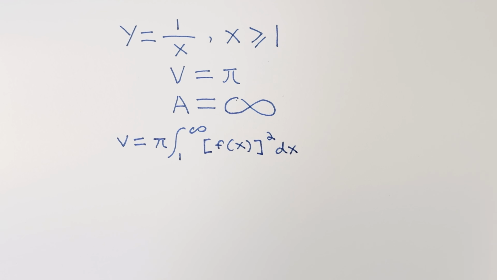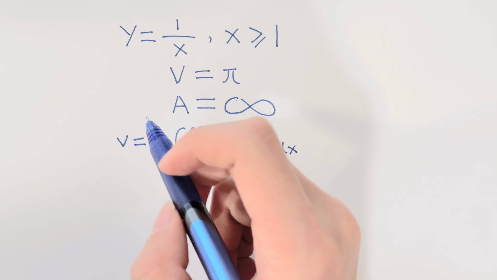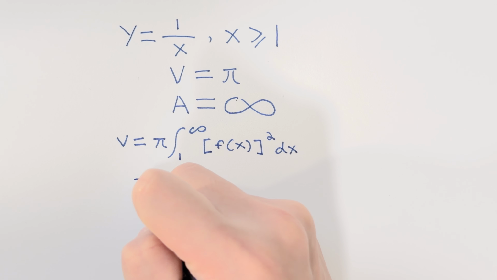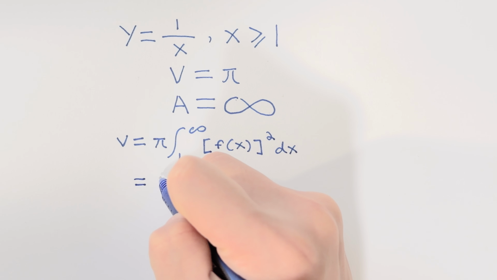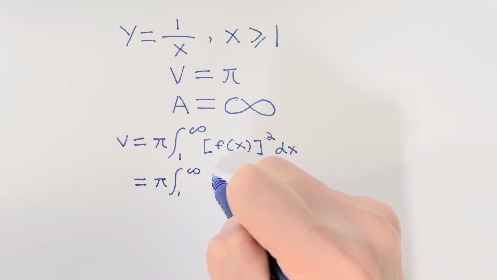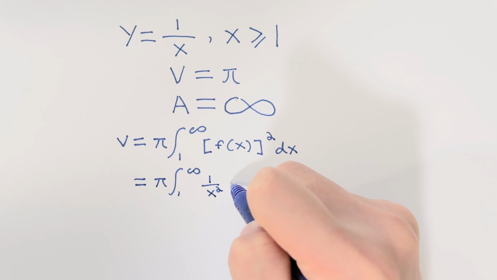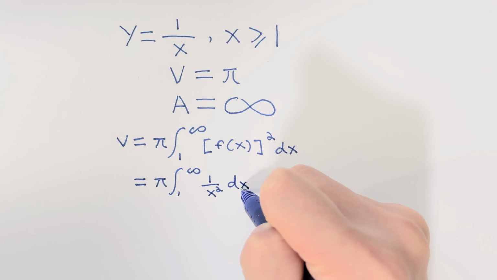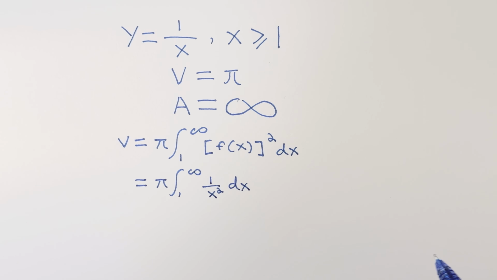Since f(x) equals 1 over x, we get V equals pi times the integral from 1 to infinity of 1 over x squared dx. When we integrate 1 over x squared, we get negative 1 over x.